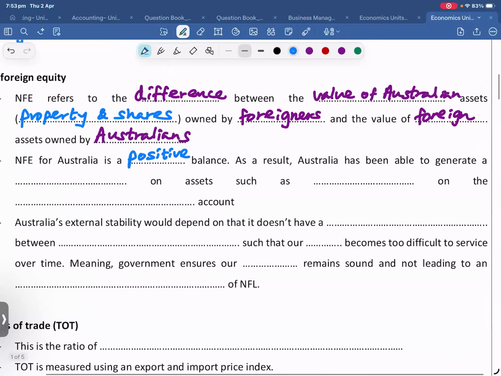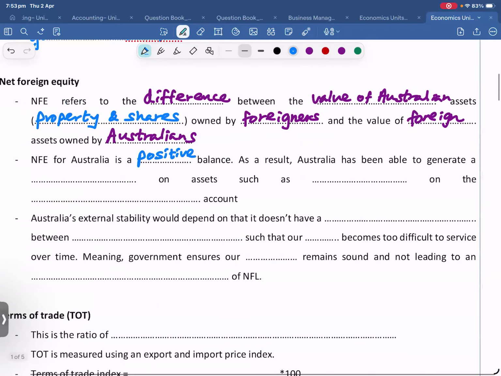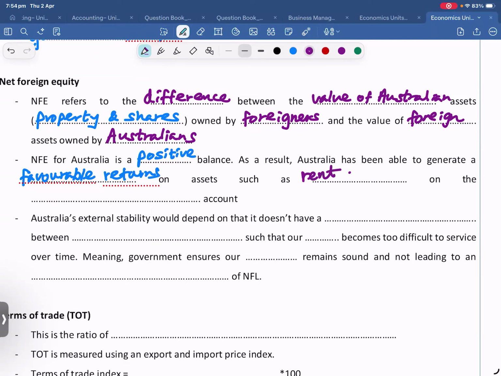As a result, Australia has been able to generate favorable returns on assets such as rent and dividends on the net primary income account.